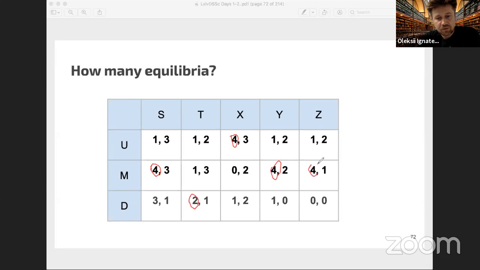And if we mark best replies of the other player, here it's there, and here it's 2. So we have only one profile which is a best reply for both, and this is a pure Nash equilibrium by definition.